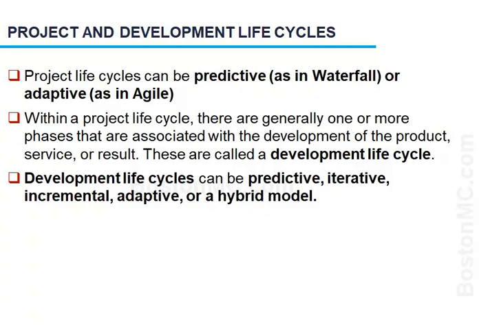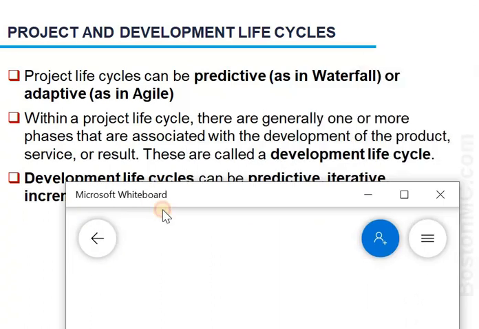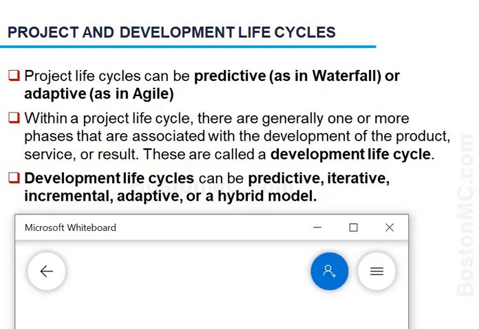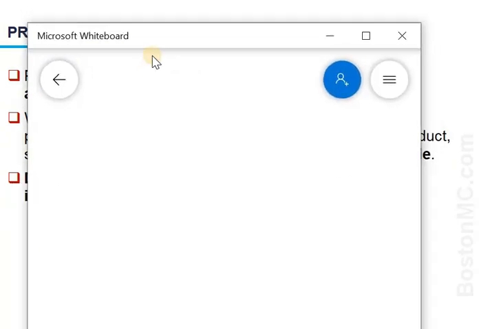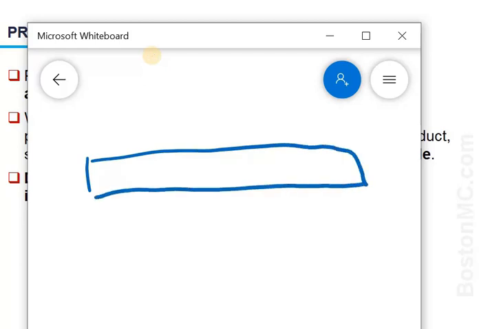Project life cycles can be predictive, and the term that a lot of people are familiar with is the waterfall planning method. When you do waterfall planning, you plan everything in advance, so you know exactly where you're headed. Let me put a whiteboard here. If you were planning something in waterfall, you would plan the whole project beginning to end.